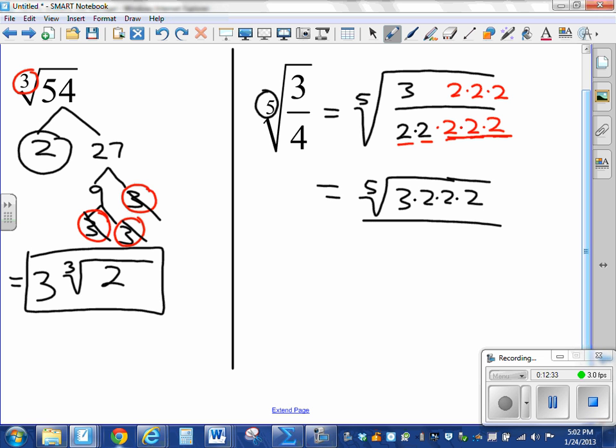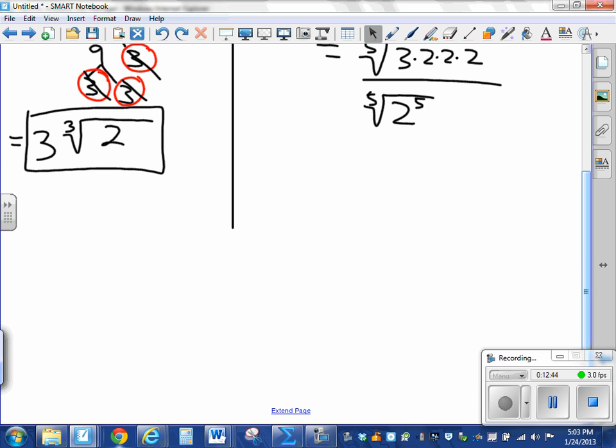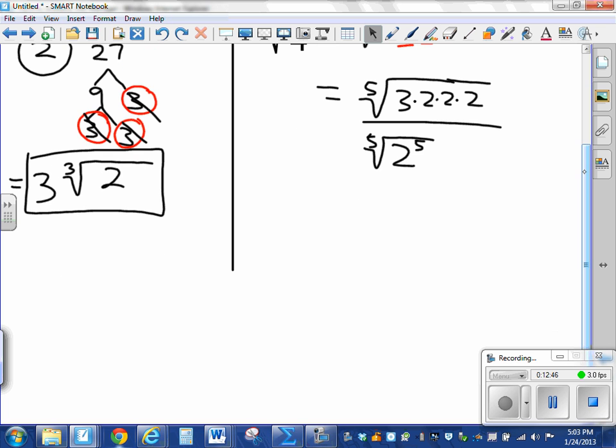On the bottom, we have the 5th root of 2 to the 5th power. Let me move this down some. All right, so on the top, we have the 5th root of 3 times 2 times 2 times 2.